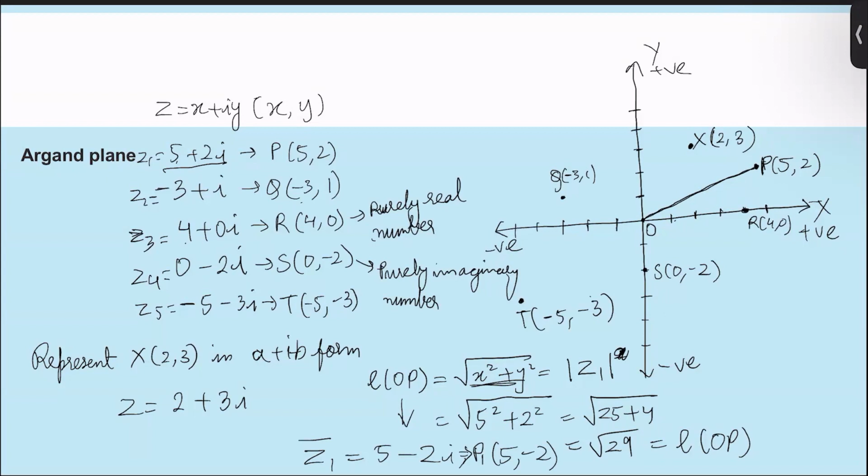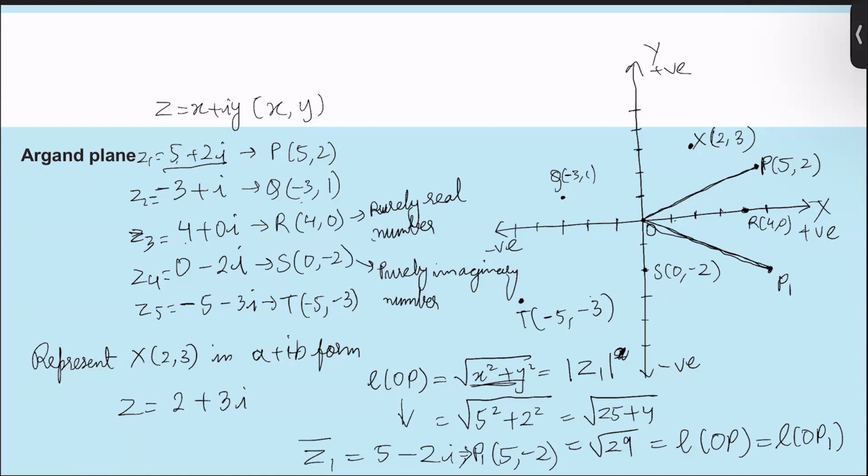So you have positive 5 and negative 2. So this is your P1. And if you join this together, the length OP will remain the same as OP1. Length OP will be equal to length OP1, because again it's the modulus. We have seen that the modulus of a number and the modulus of its conjugate are actually equal.